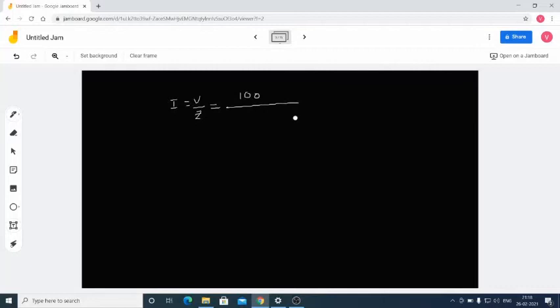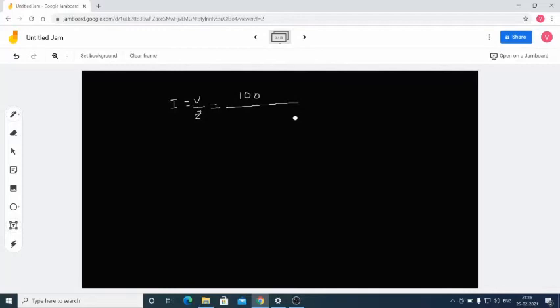Slope means angle. Theta is equal to tan inverse of imaginary part by real part, minus 1 upon 11. We will get minus 5.19 degrees. So in polar form, magnitude and angle are written as 11.045 with an angle of minus 5.19 degrees.